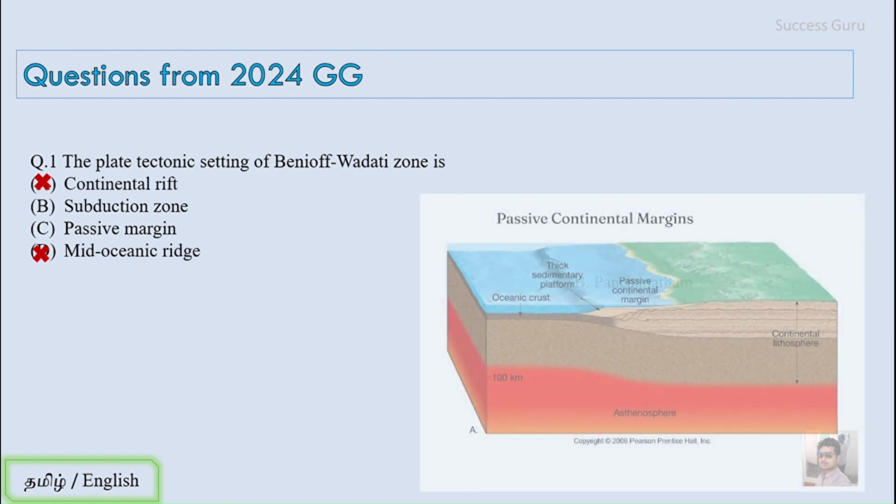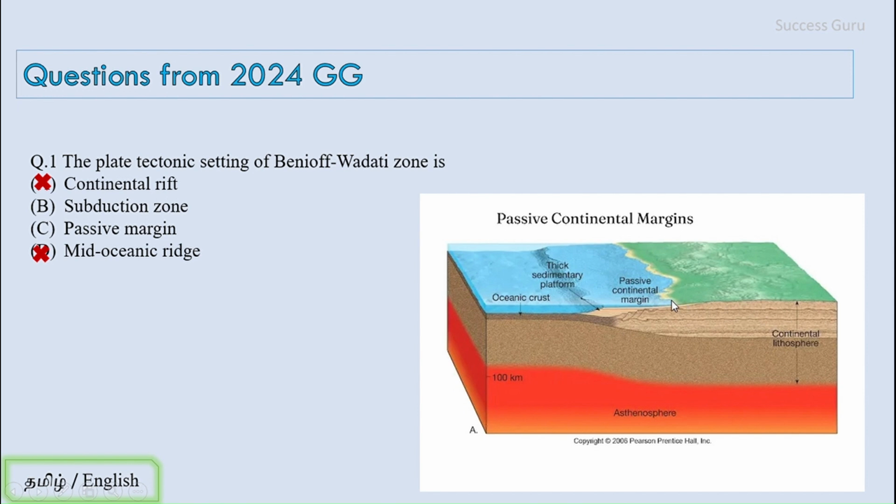Then we have option C, which is the passive margin, which is a classification of continental margin as active as well as passive. In a passive margin, you can see the formation of continental shelf, continental slope and continental rise followed by the abyssal plain. In an active continental margin, you can't see a proper formation of all these things.